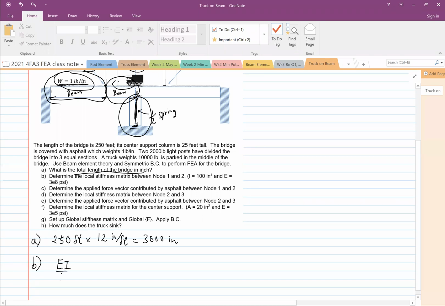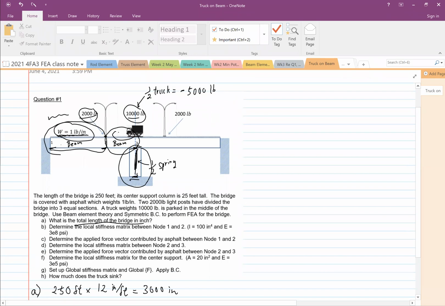EI over L cube, right? Times something very big. So EI over L cube, with E being 3 to E 100.